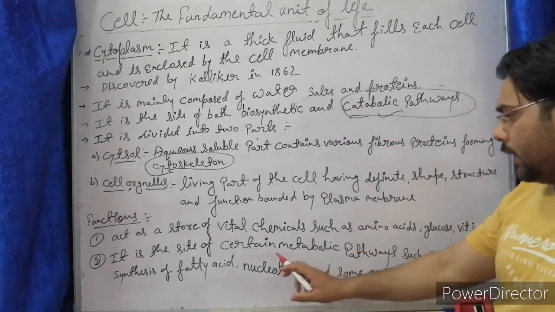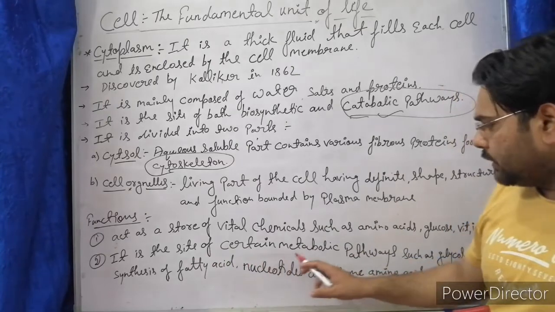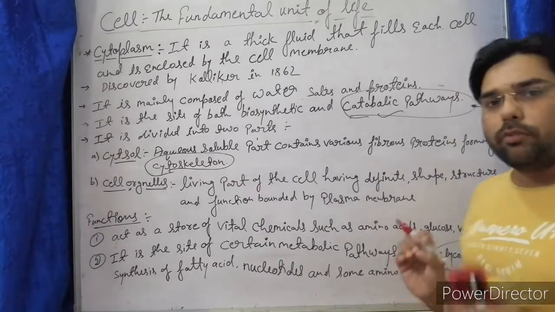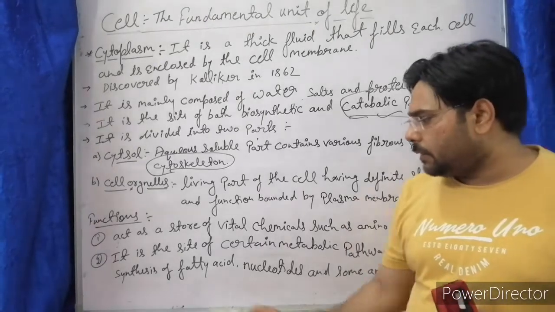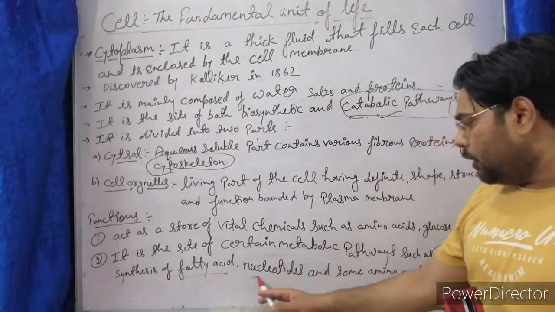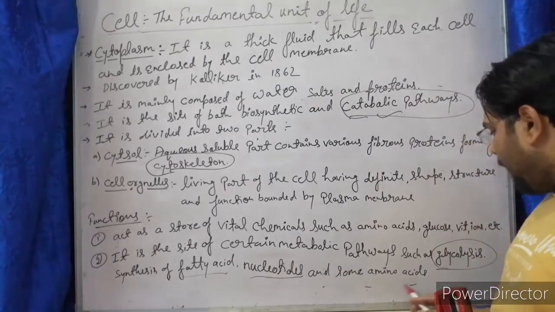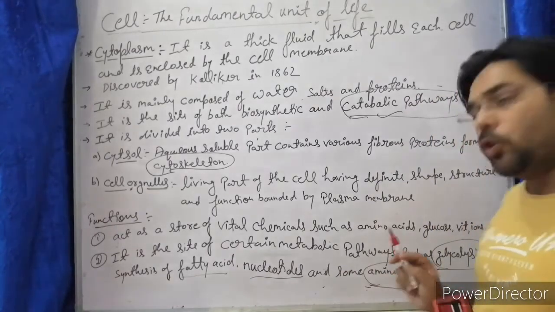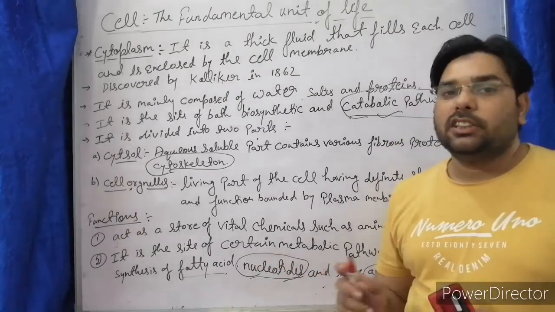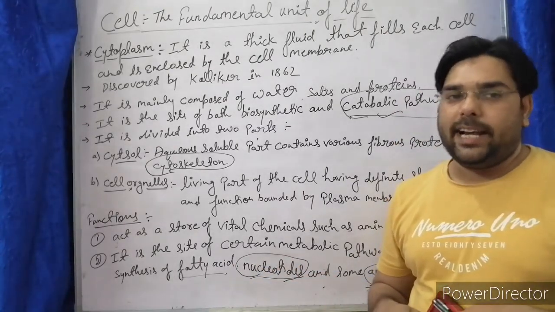It is also the site of synthesis of fatty acids, nucleotides and some amino acids. Amino acid is the monomer of protein and nucleotide is the monomer of genetic material, means RNA and DNA.